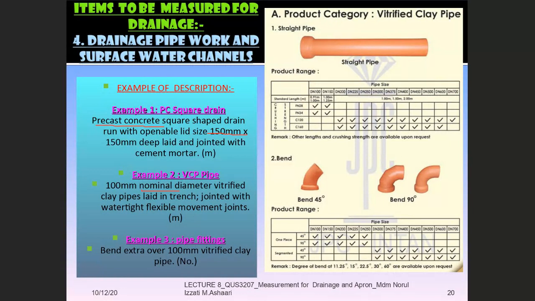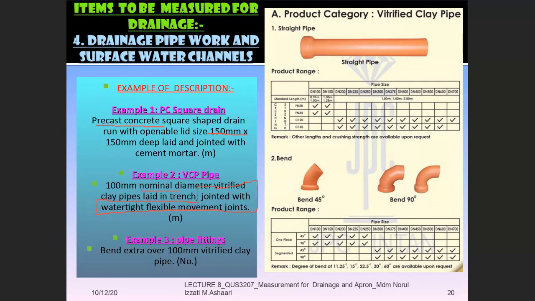And remember to also write down the jointing. This is an example of the jointing where they use a watertight flexible movement joint. Sometimes you are also given the detail of the pipe, where this is an example of the VCP pipe with a bend of 45 and a bend of 35.